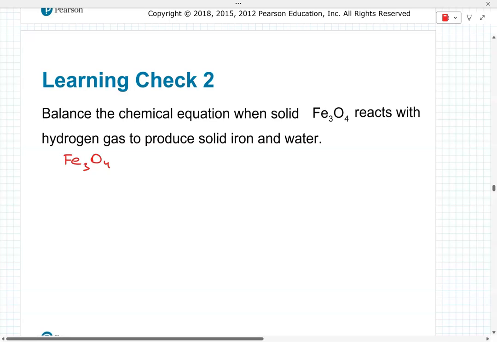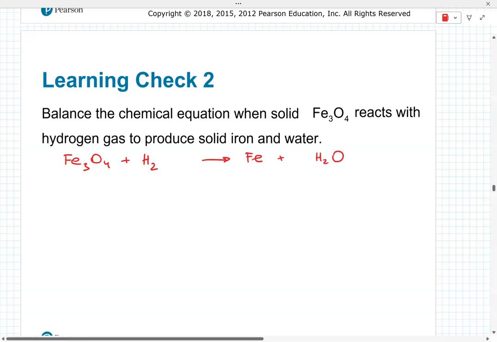Okay, so iron oxide. It's a weird iron oxide. It's like a mix of 2. They just did it for complexity. It reacts with hydrogen gas. How many atoms are in a molecule of hydrogen? 2. It's a diatomic molecule. And they produce solid iron and water.